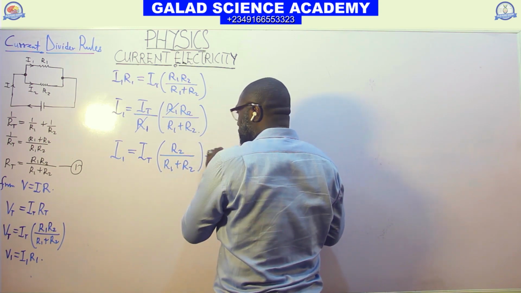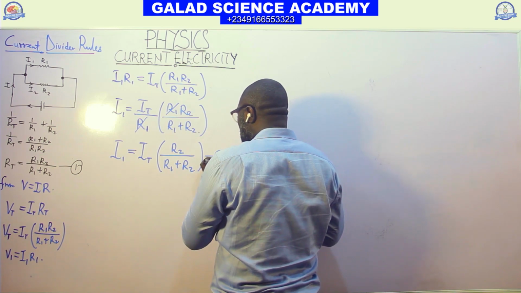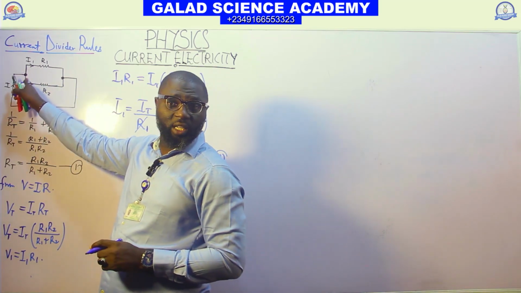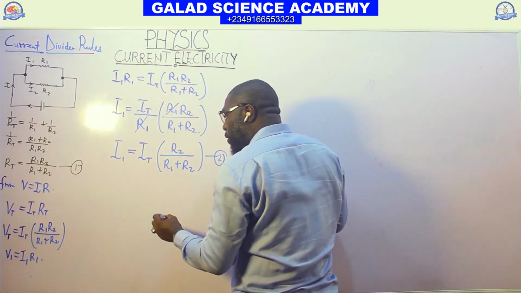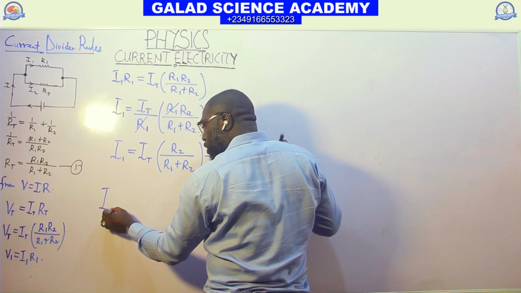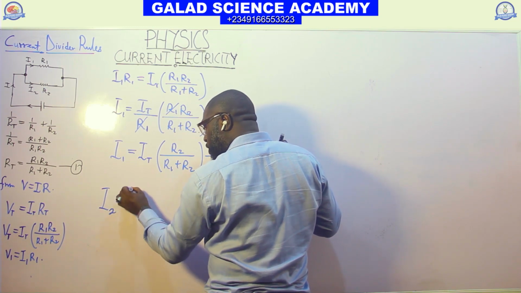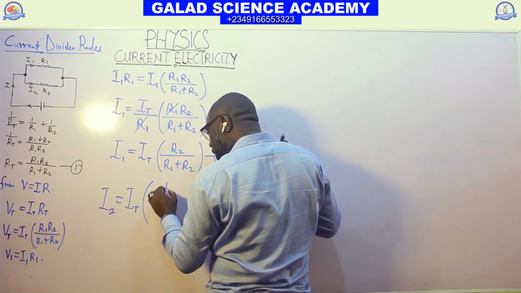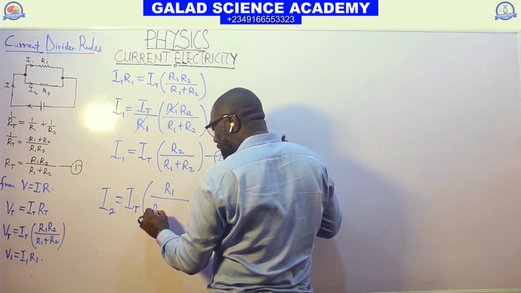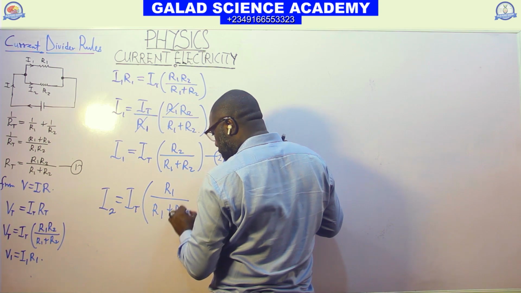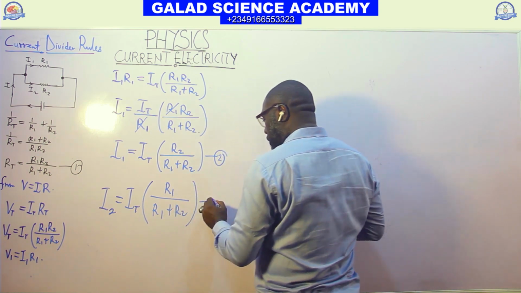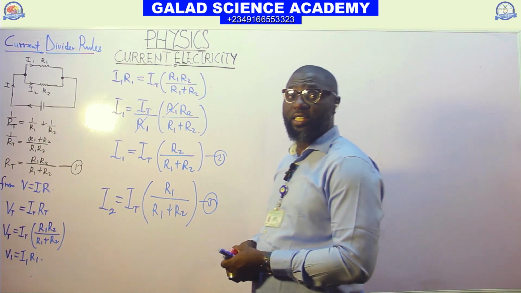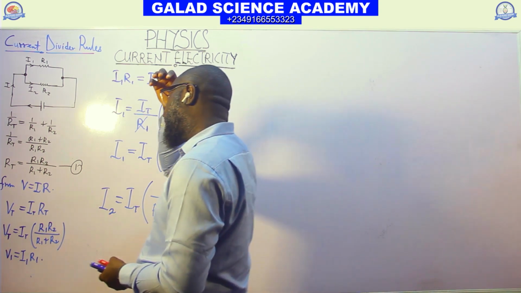This is equation 2 that we can use to find the current in resistor 1. But for I2, it will be the total current into R1 over R1 plus R2. Equation 3. Whenever you are asked to find the current divider, you apply this formula.